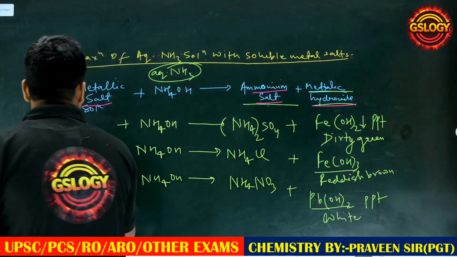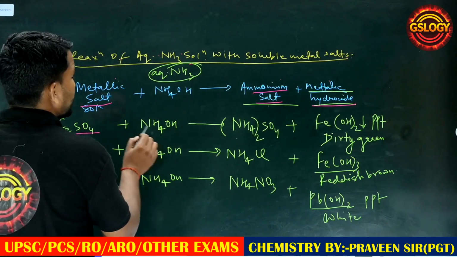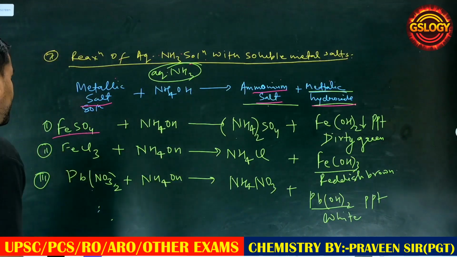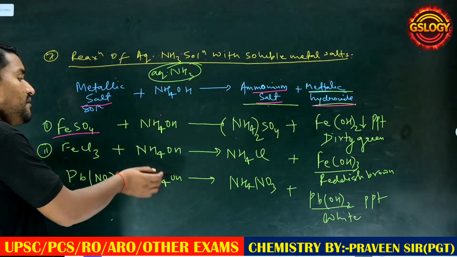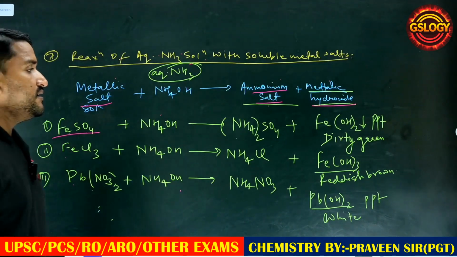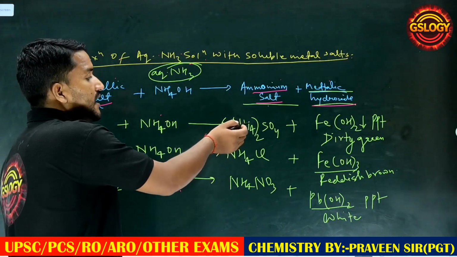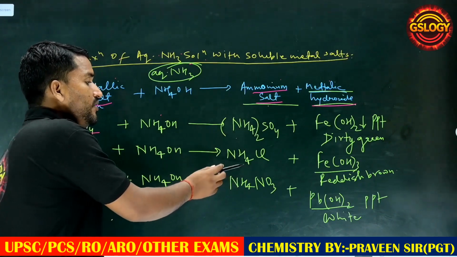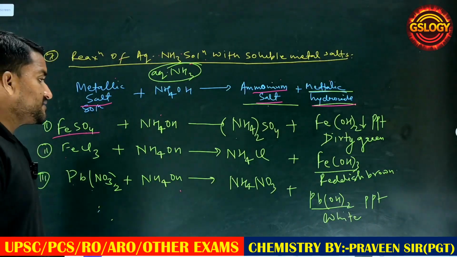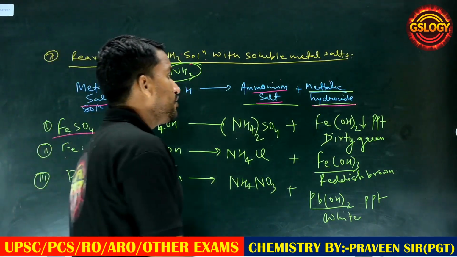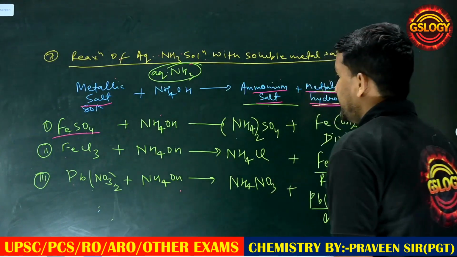Ferrous sulfate, ferric chloride and lead nitrate all react with ammonium hydroxide to form ammonium sulfate, ammonium chloride and ammonium nitrate respectively, and also give the metallic hydroxide.